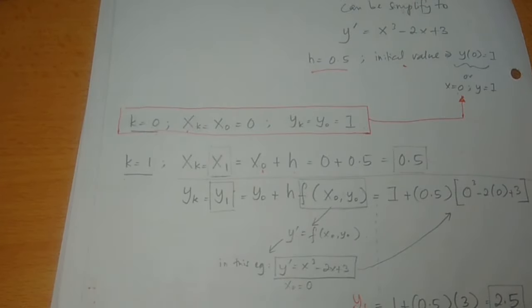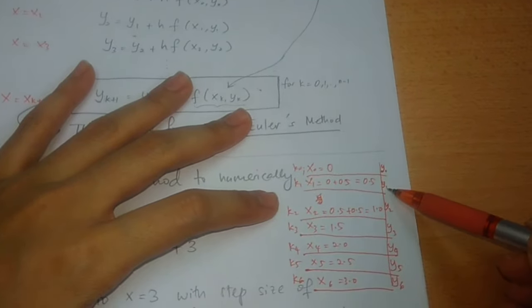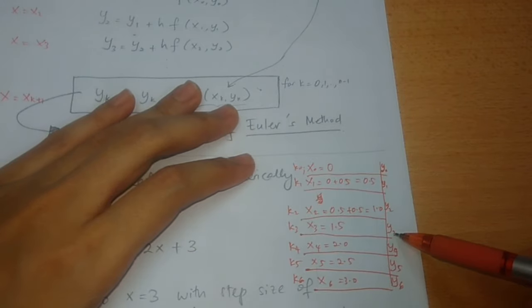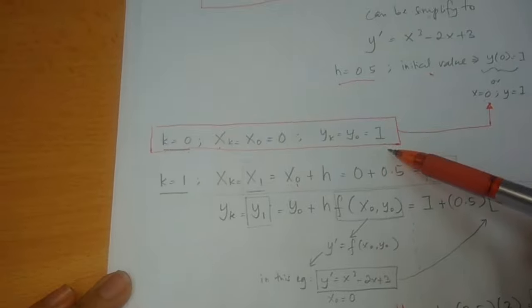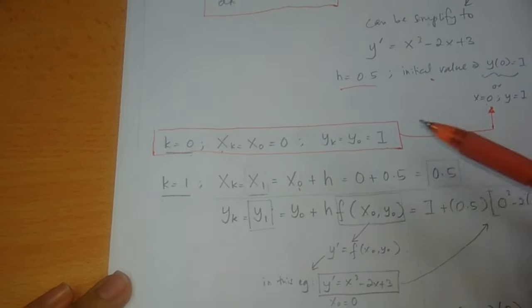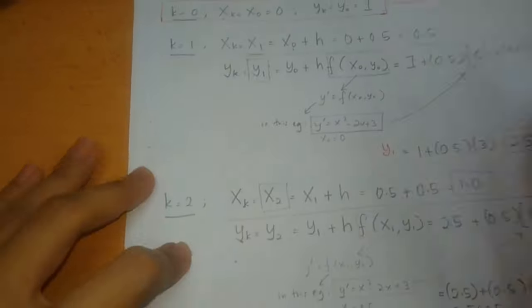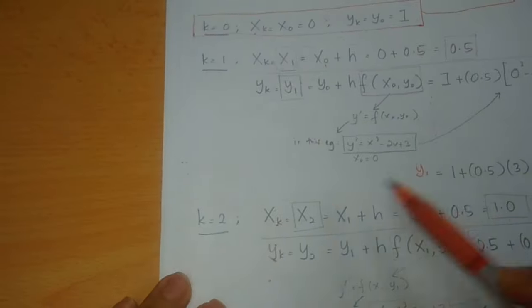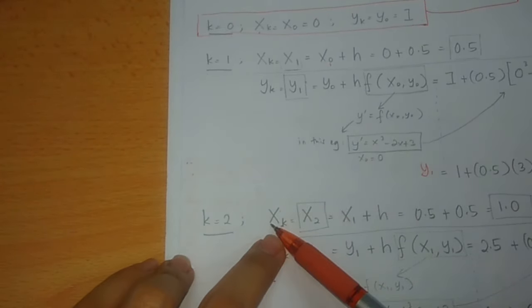Now remember that you need to find y0, y1, y2, y3, y4, y5, and y6. That one there, I only showed you the first iteration that's coming from the initial value. Now I'm going to show you the next iteration, where we arrive at k equal to 2. Again, we need to specify our xk.